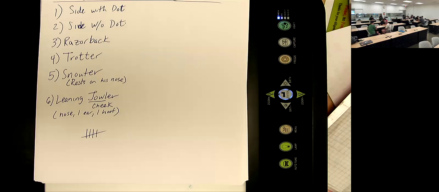No way. Snouter, razorback. Oh, look at that.